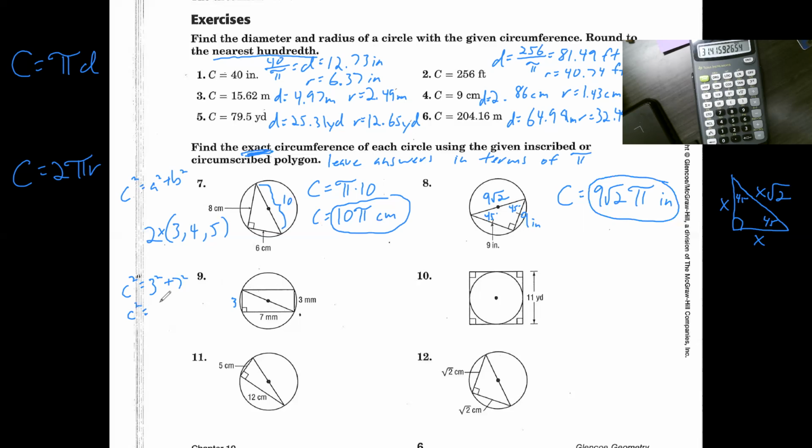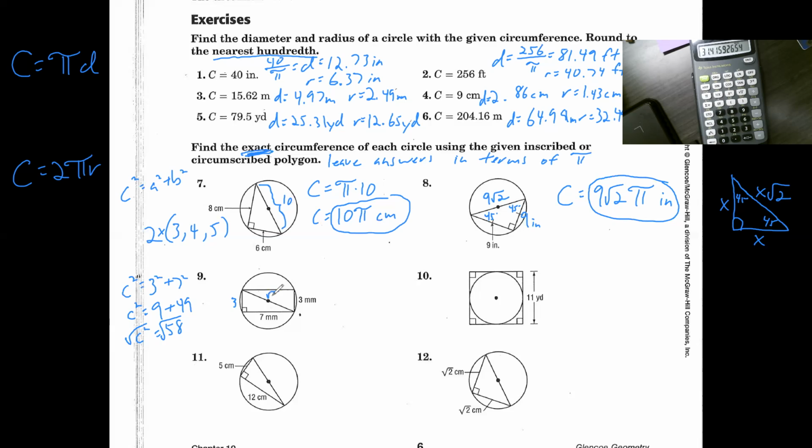So we get 3 squared is 9, 7 squared is 49. Together, 9 plus 49 is 58. So we get the square root of 58. Are there any perfect squares in 58? No. So that's actually just going to stay square root of 58.